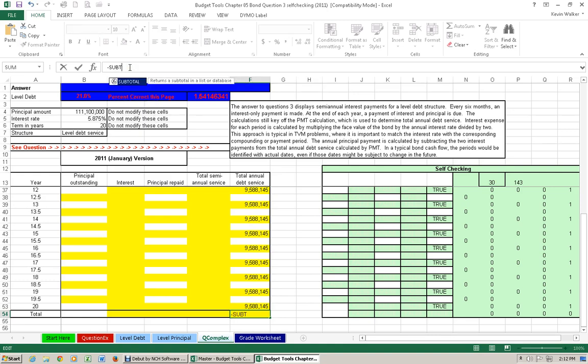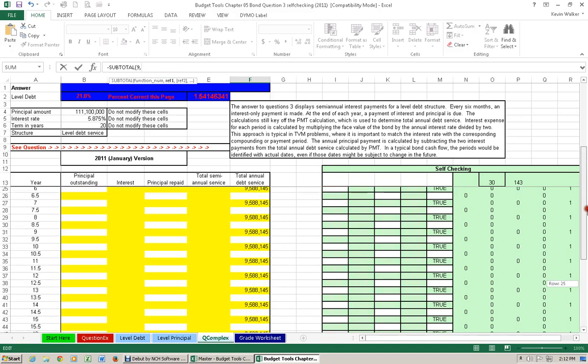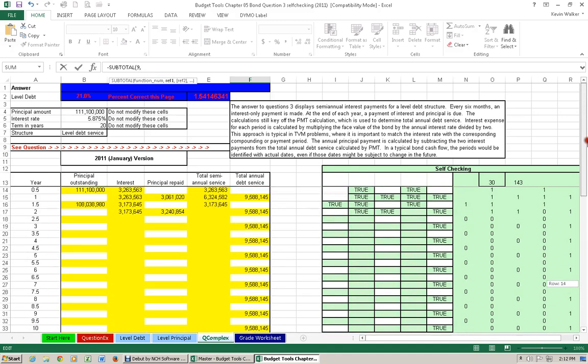equals subtotal. Don't need any help there. Scroll up to the beginning part. All right. F15. Put a colon in there.